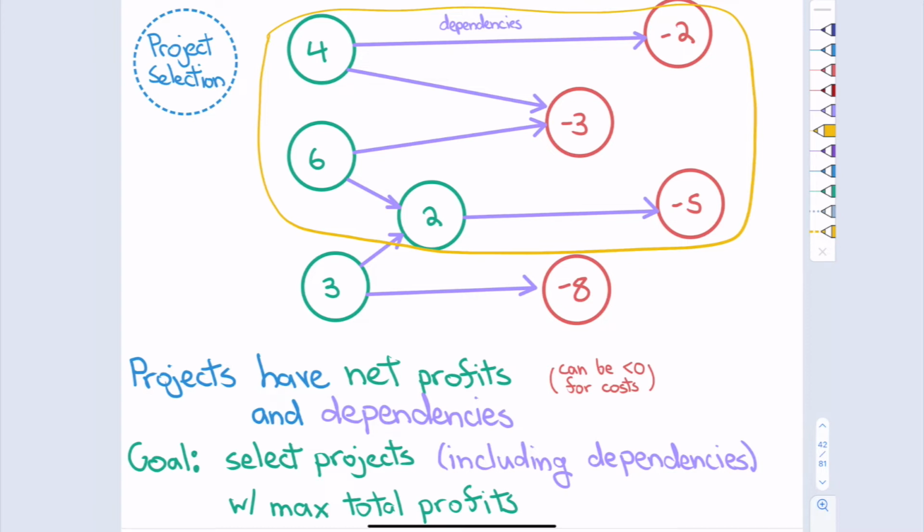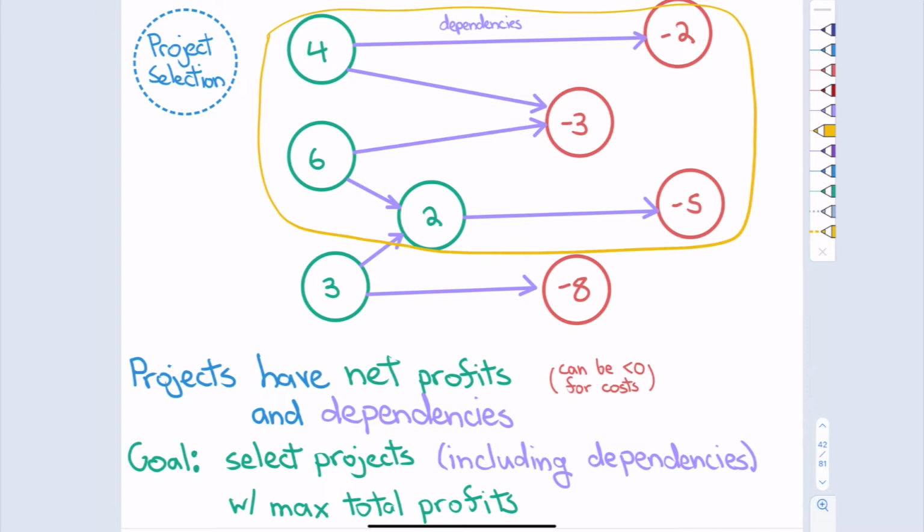Once I've taken the 4 and 2, I've already paid the -5, the -2, and the -3 automatically. And then you might as well take the 6 if you had taken the 4 and the 2. Does the -3 get double counted? It does not get double counted. You just have to pay that one once.